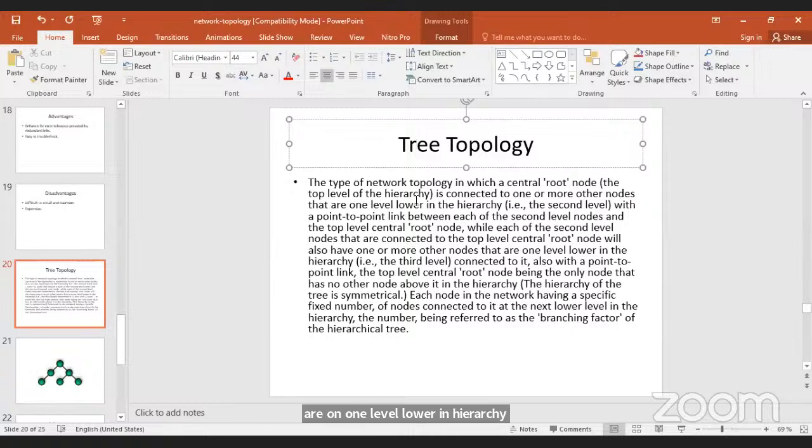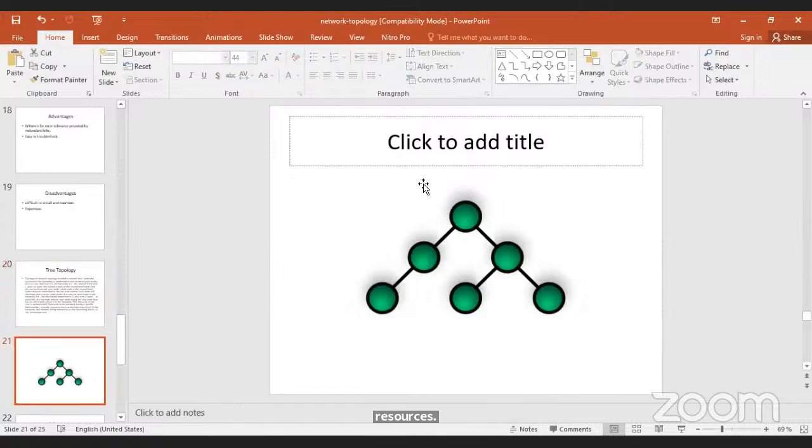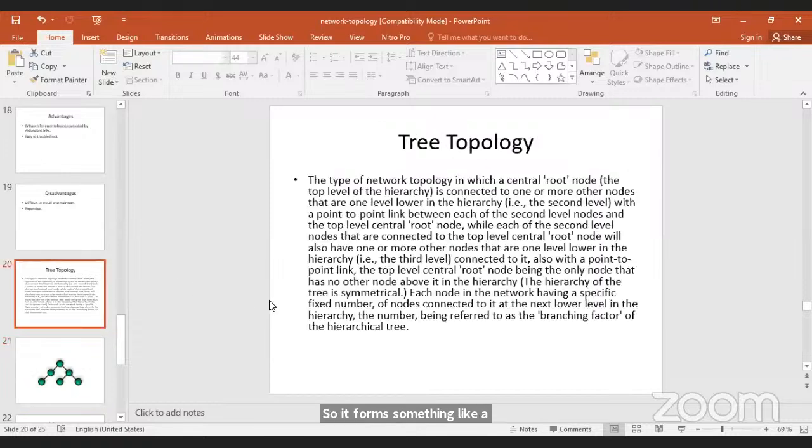So the server controls how these other computers work and provides them with resources. We have the main server, connected to a super server, a sub server, then down to the last node. So it forms something like an inverted tree.